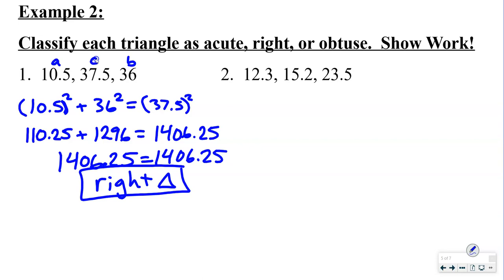Our next example, number 2, we have 12.3, 15.2, and 23.5.